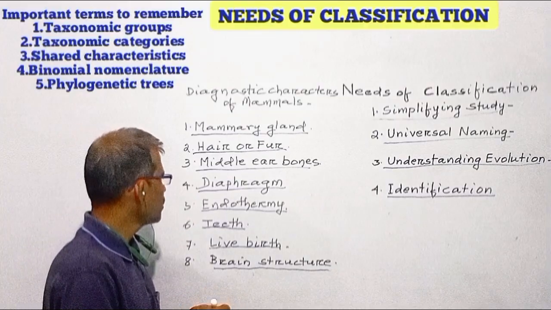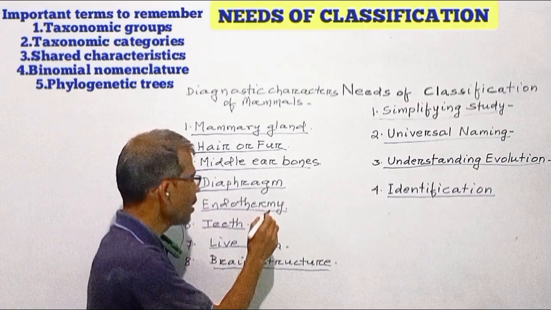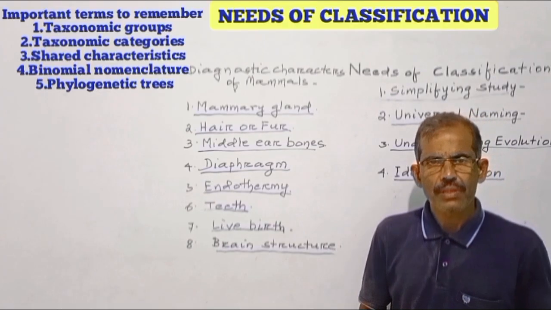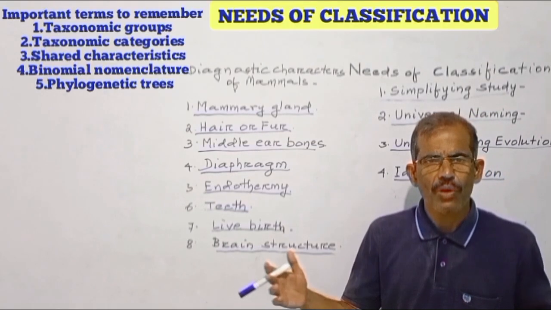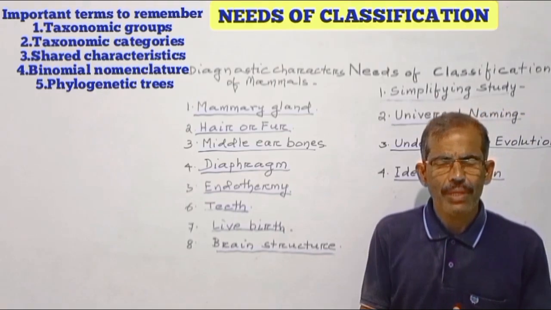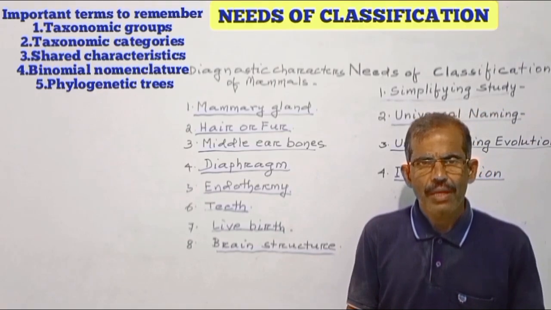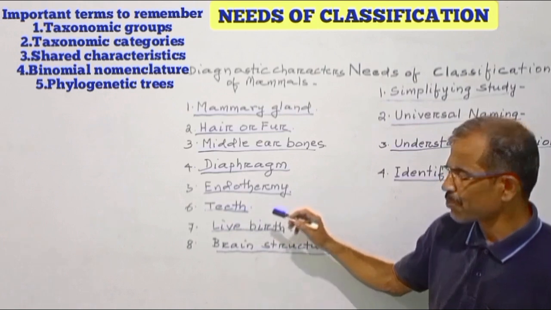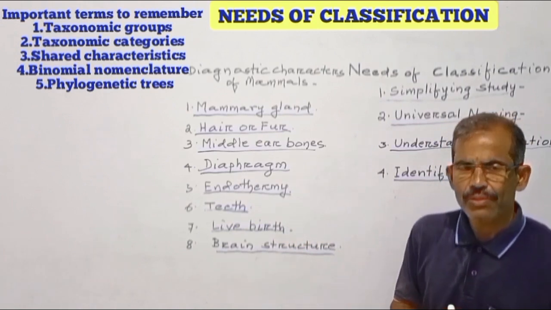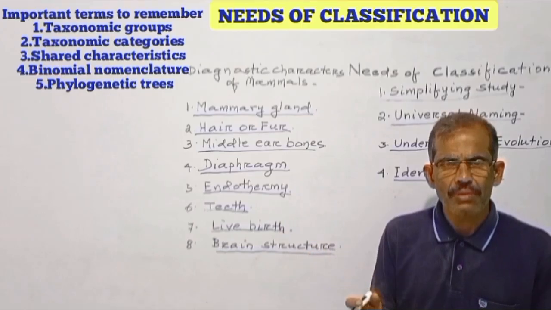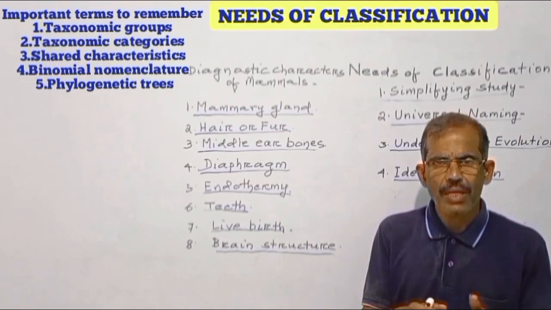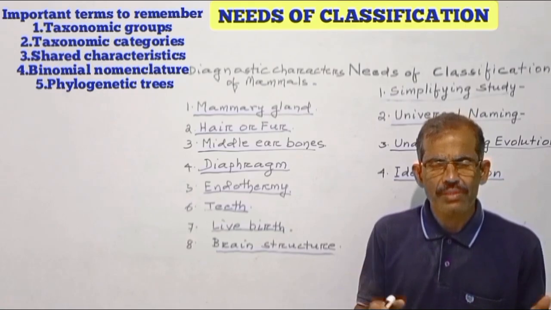Next one is endothermy, that means warm-blooded. Mammals are warm-blooded. That means they maintain a constant body temperature irrespective of environmental conditions. And next one is the presence of specialized teeth. And seventh one is that most of the mammals give live births. The remaining animals lay eggs for reproduction.